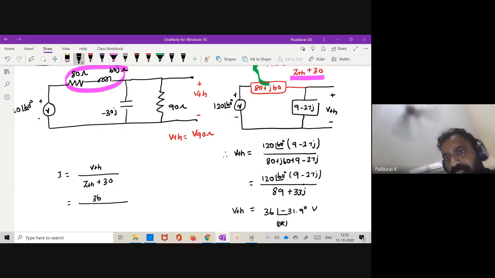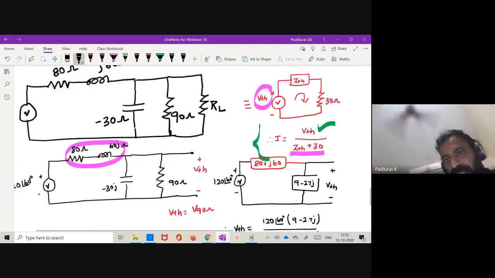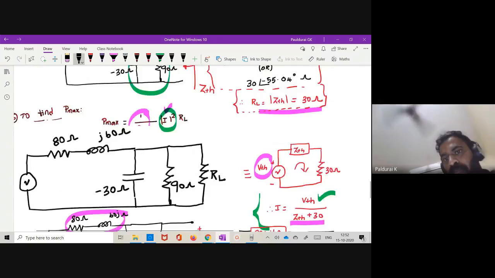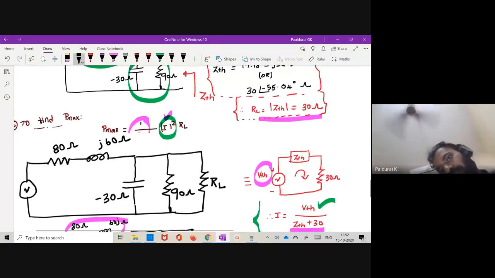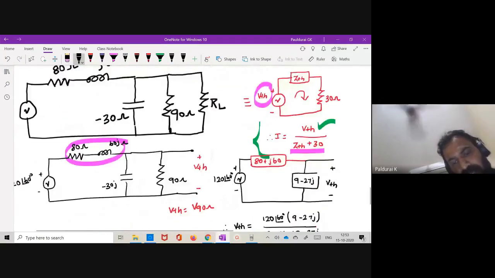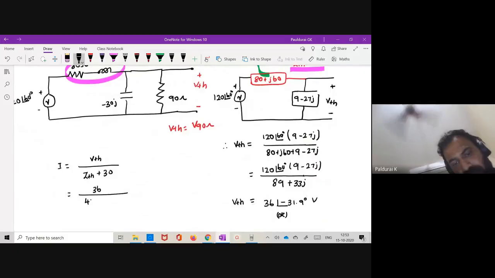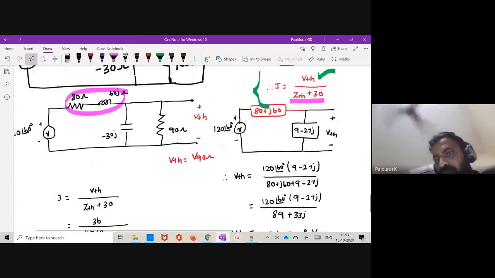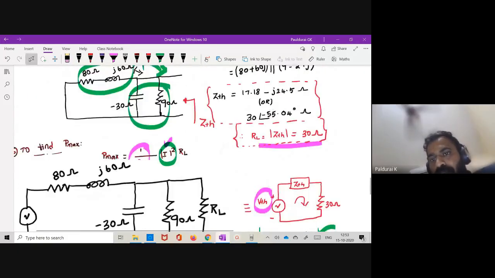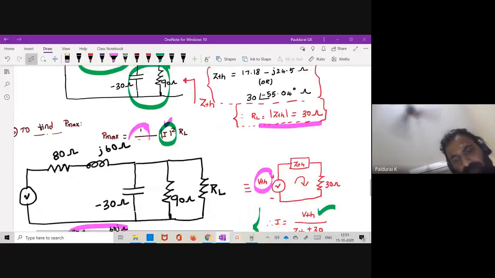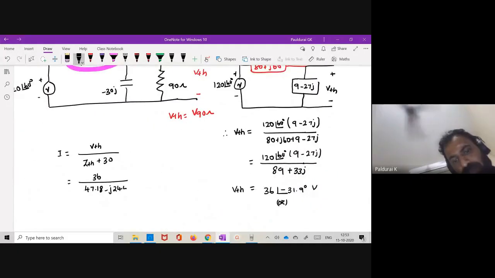What's the value for ZTH? In rectangular form, 17.18 plus 30, so 47.18, minus J24.5. Now this is my I.